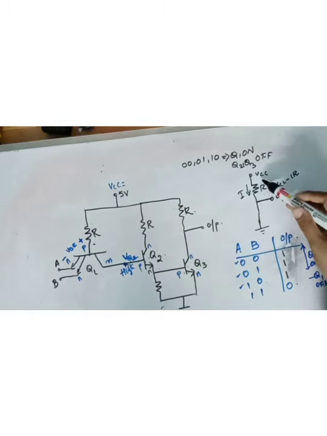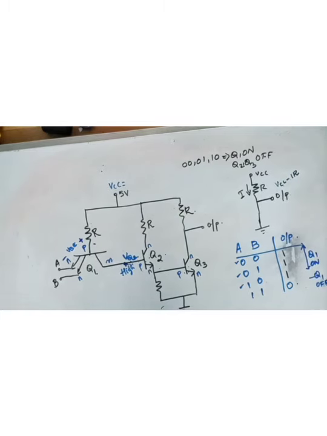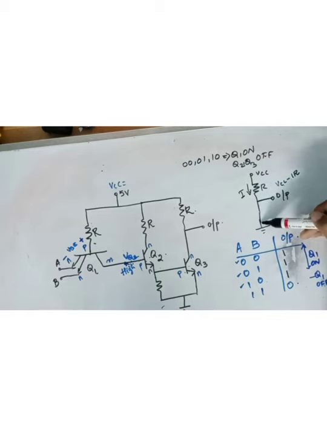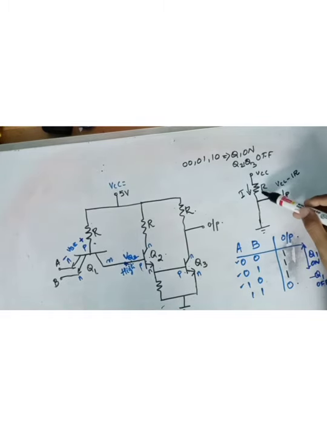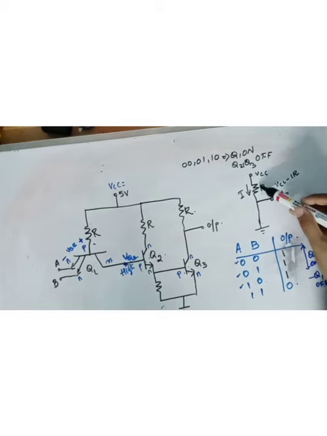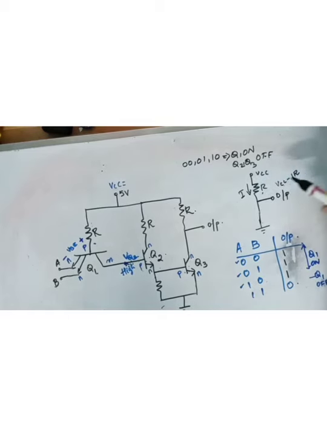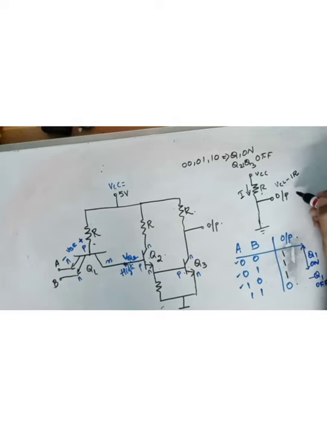Current is VCC by R, because here the resistance is very less. So maximum current will flow through the circuit, and the maximum current flowing through the resistor will make the drop across the resistor maximum. So VCC minus IR means what? I is equal to VCC by R. So VCC minus VCC by R into R, that is approximately equal to 0.